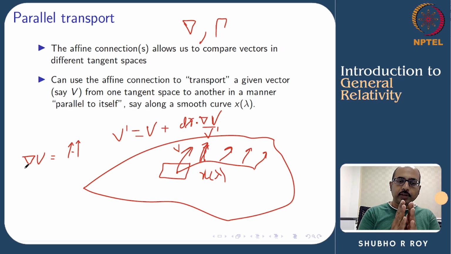When these are infinitesimally close, you can think of del v as defining the difference between two infinitesimally close vectors lying in different tangent spaces. There is no point in defining infinitesimally close vectors as such, but this del v can be thought of as measuring the difference between two vectors living in infinitesimally close tangent spaces.